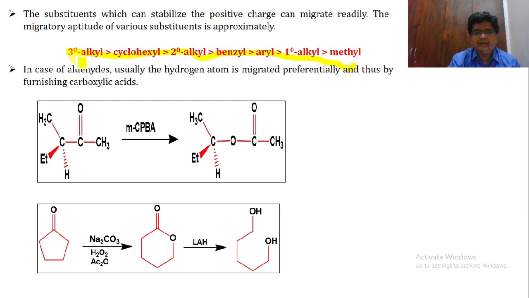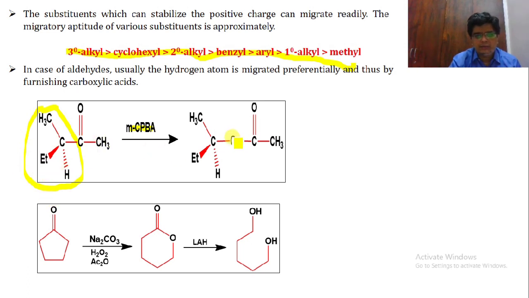So now let us understand its stereochemical application. Suppose we are having a chiral center, four different groups: first, second, third and fourth. Now, when we react with MCPBA, metachloroperbenzoic acid, this will not affect this chiral center.